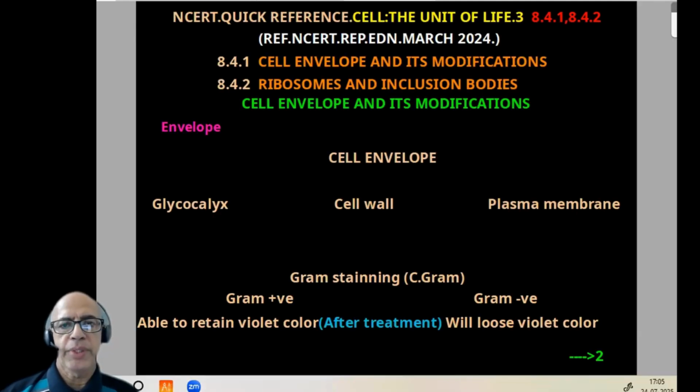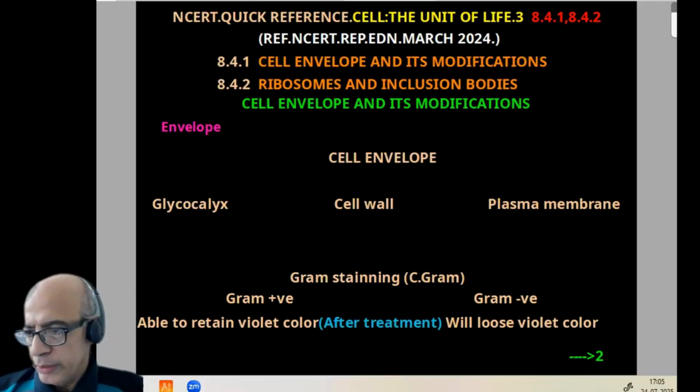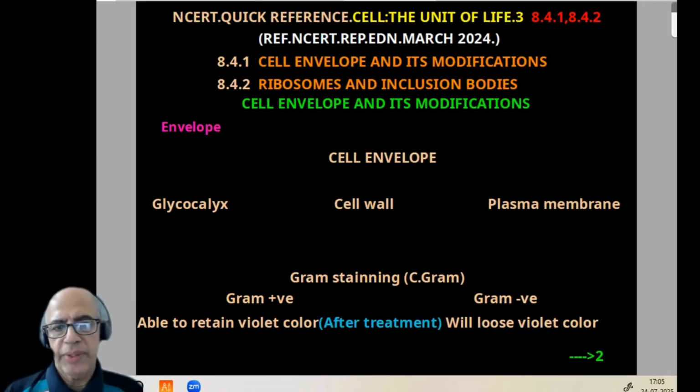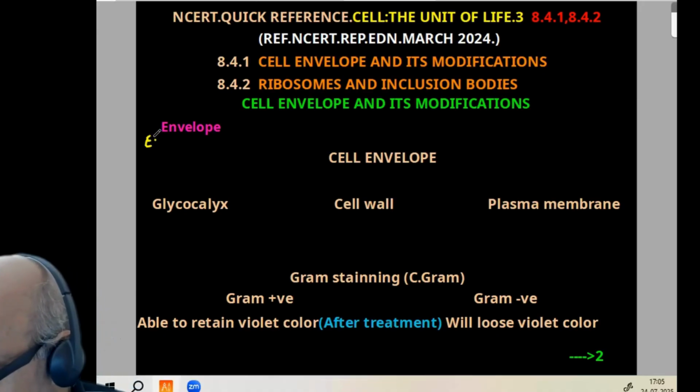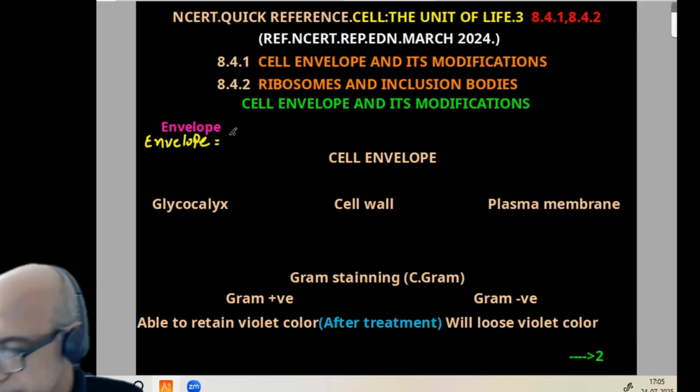Now we can proceed with the cell, the basic unit of life. For convenience, I will share the screen so it will be easy for you. I think the screen came, so we can proceed. So, quick reference. We can start with the cell envelope and its modification, starting with the envelope. Envelope normally means a covering.